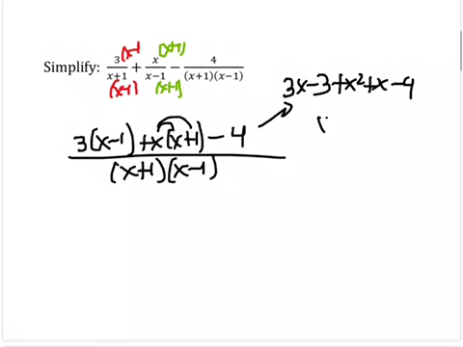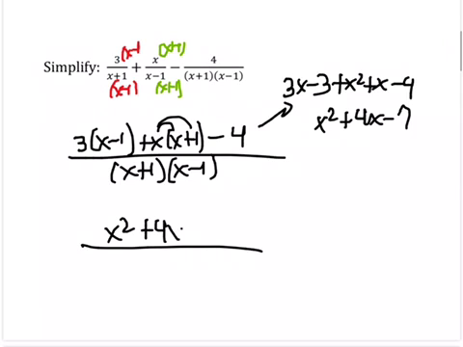So I clean that up, I get x squared plus 4x minus 7. That's going to be the numerator, x squared plus 4x minus 7 over x plus 1 and x minus 1. Now if I think about 7, the only thing that multiplies to 7 is 7 and 1, so I can't factor this, so I'm finished.